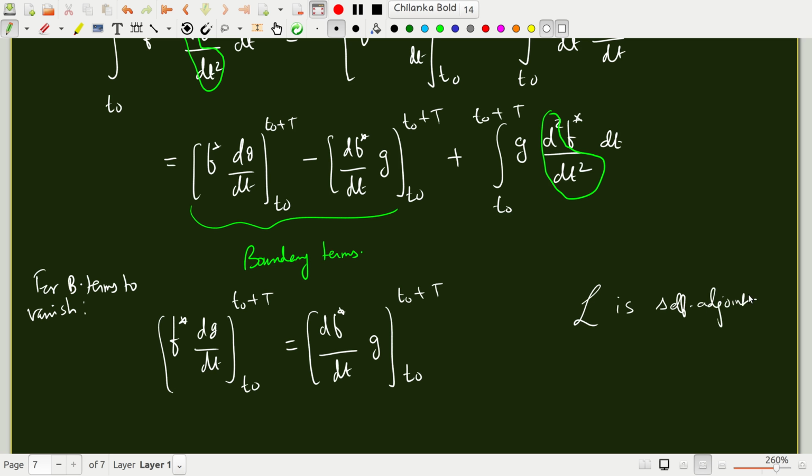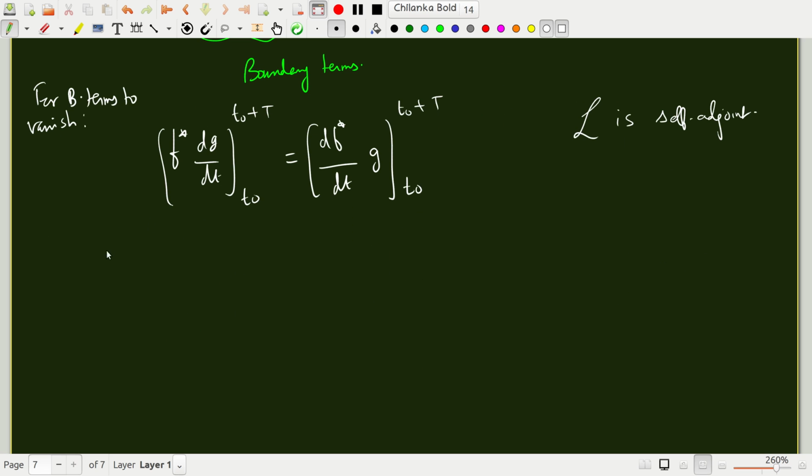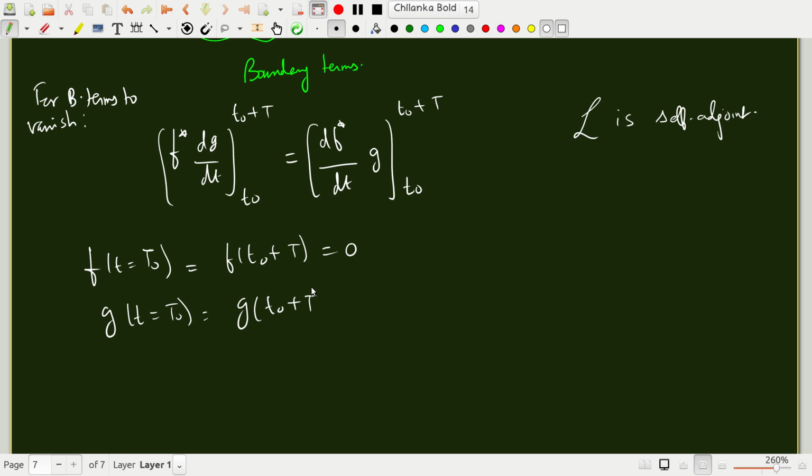Now you have to choose boundary conditions that are periodic or Dirichlet. For example, you can say f of t at t equal to t0 and f of t0 plus t are 0, and similarly g at t equal to t0 and g at t0 plus t are 0.